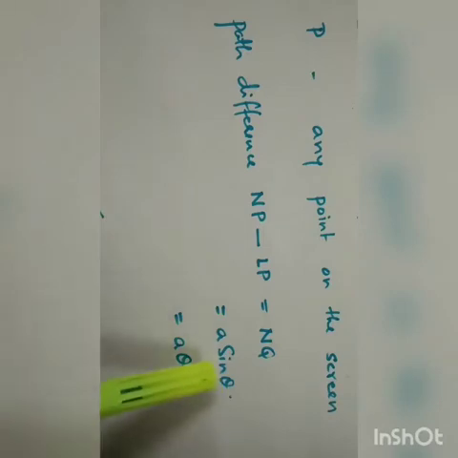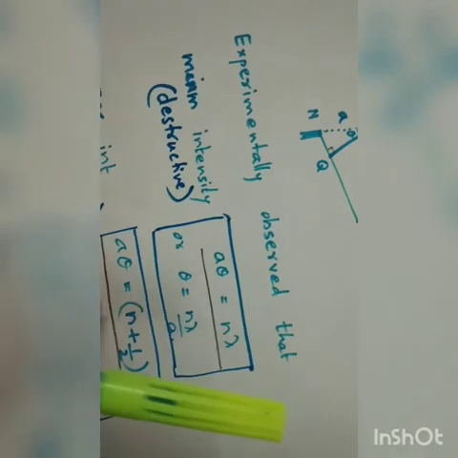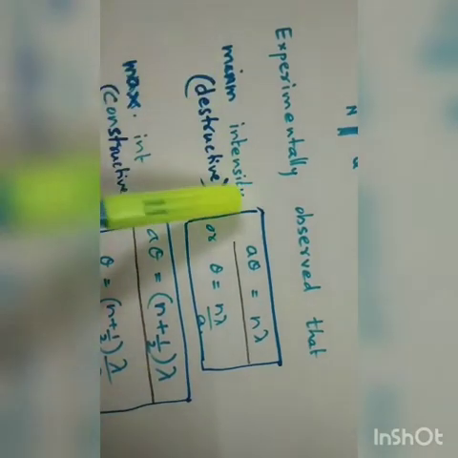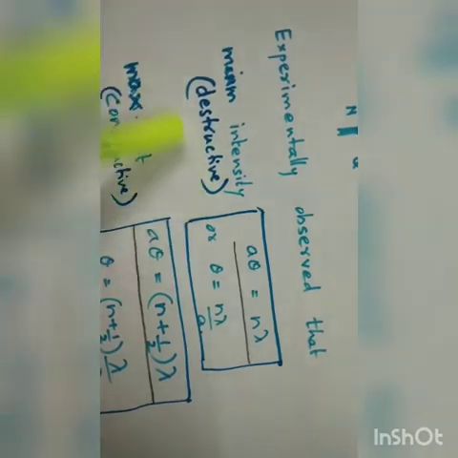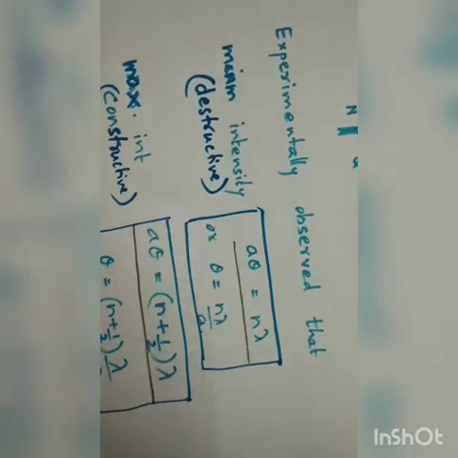And for small angles, sin theta equals theta, so path difference is a theta. And it is experimentally observed that in the case of diffraction, the minimum intensity or destructive case is a theta equals n lambda. Compare with interference.